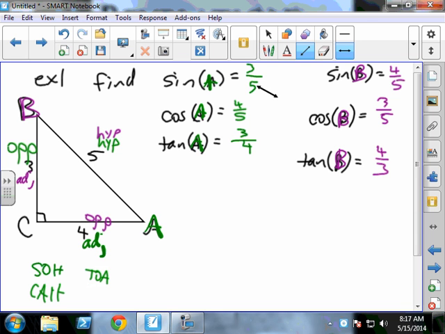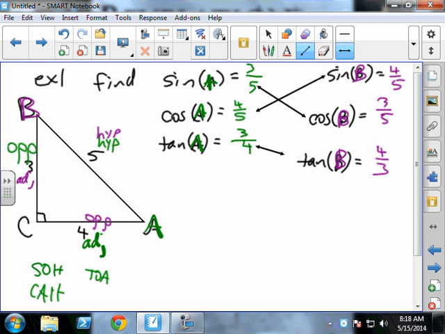Notice how the sine of A is the same thing as the cosine of B, and the cosine of A is the same thing as the sine of B. Did anybody catch that? Also notice that the tangent of the one angle and the tangent of the other angle are each other's reciprocal. Anybody catch that? So we doing all right?